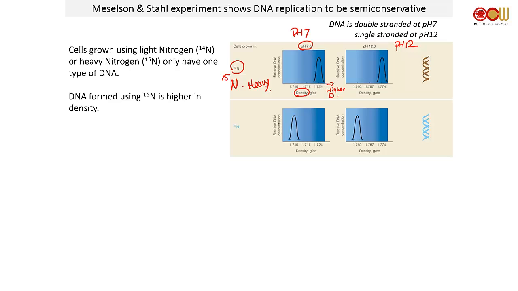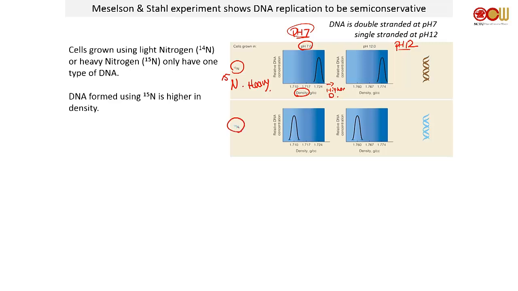Cool. Regardless of whether it's single-stranded or double-stranded, you only get one type of DNA, of course, because you let your cell grow in the heavy nitrogen. So all of its DNA will be heavy.